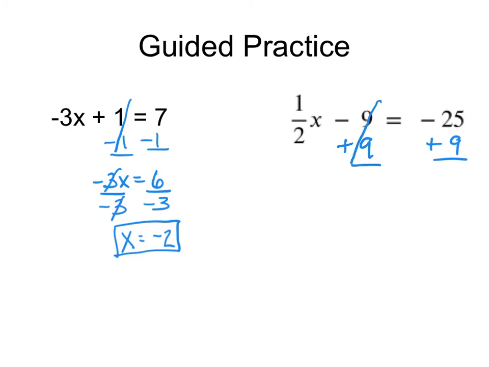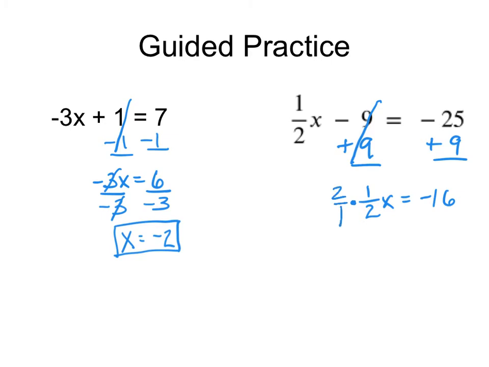My -9 plus +9 will cancel out and leave me with 1/2 x is equal to -25 plus 9, which would be -16. Now, how do I get rid of that 1/2? Well, the 1/2 is being multiplied by x. To get this to be a coefficient of 1, I need to multiply it by its reciprocal, and the reciprocal of 1/2 is 2/1.